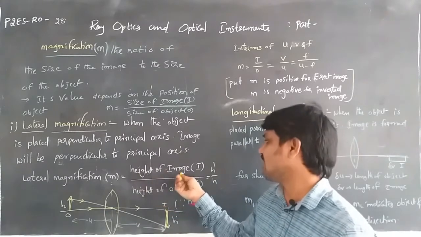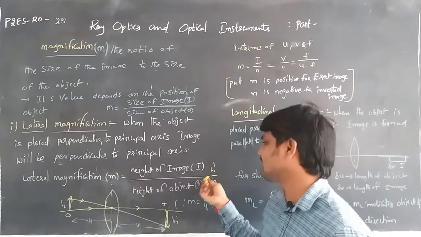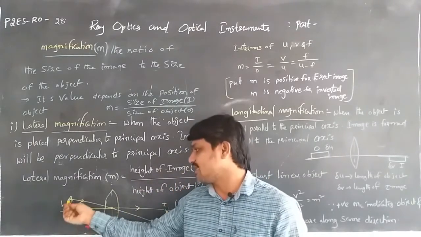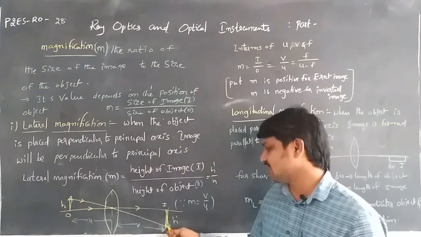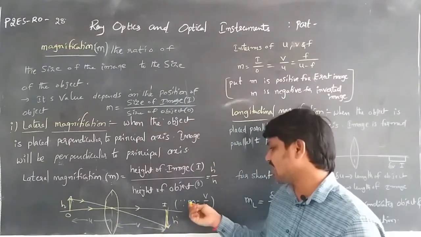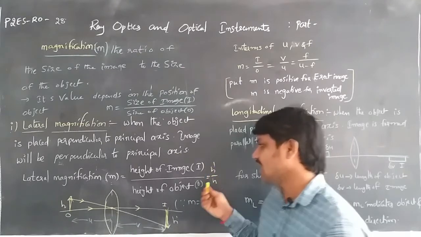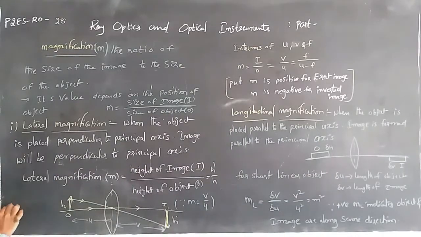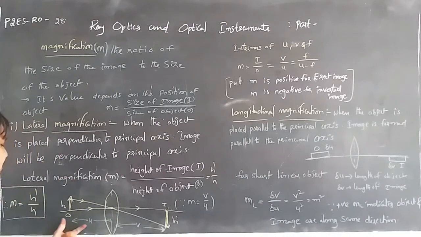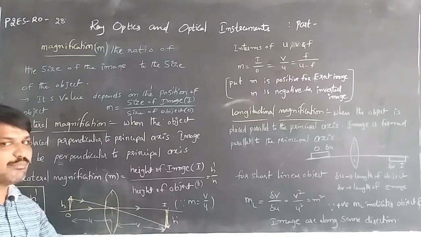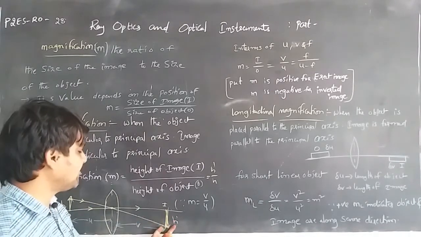The height of the object is h and the height of the image is h dash. So m is equal to h dash by h, when the object is placed perpendicular to the principal axis and the image is also formed perpendicularly.